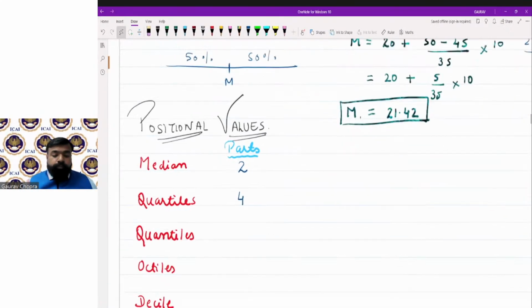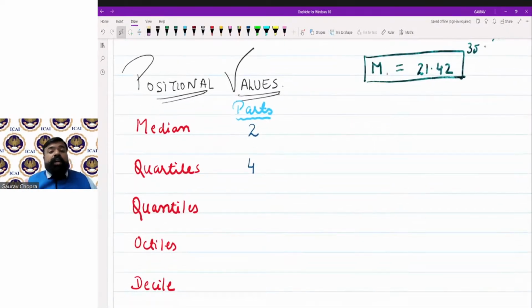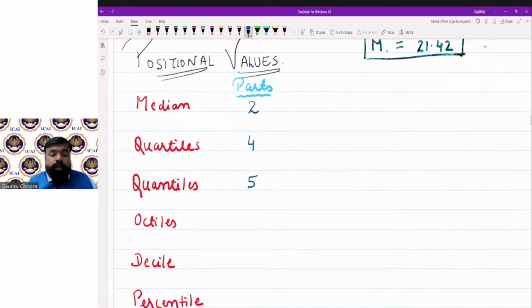So median divides an arranged series into two parts, quartile into four equal parts, quantile into five equal parts. Octile is 8, decile is 10, and percentile is 100. So these are the number of parts.